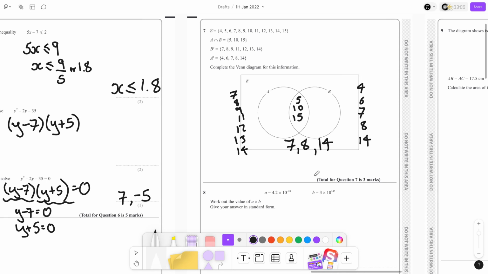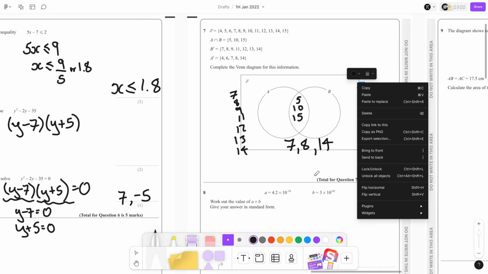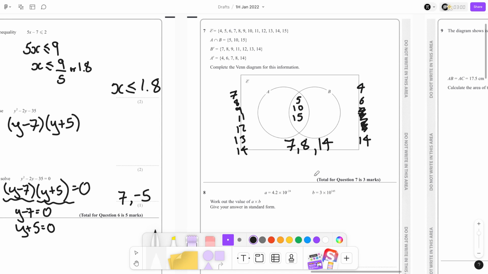The ones that are not in A, so it's just 4 and 6 that are not in A. Then 7, 8 and 14, so it's 11, 12 and 13 and 9. There we go. Okay, so let's just rub out all of these.